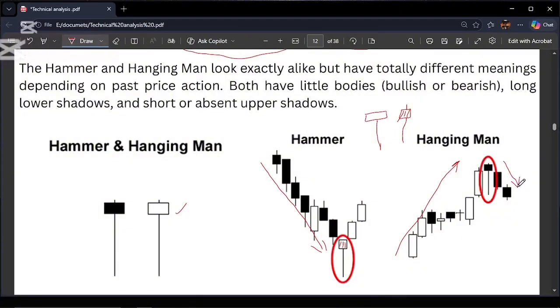So that's the hammer and the hanging man. We shall get to see on the charts later on how these candlesticks are traded.